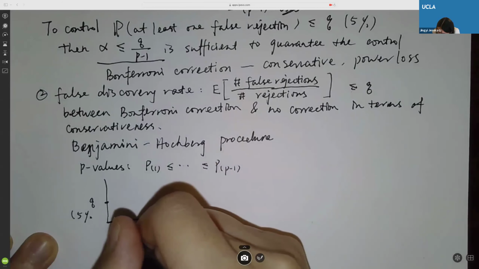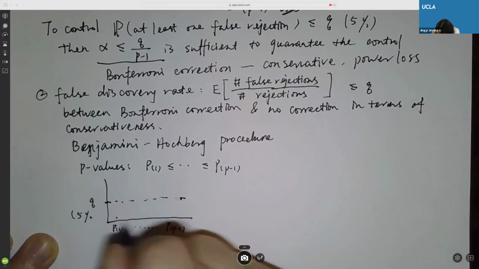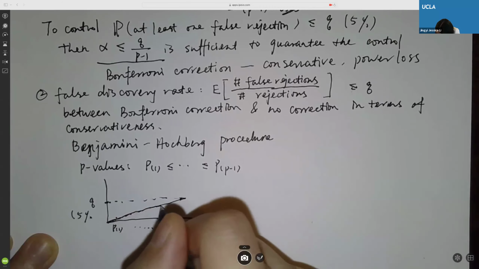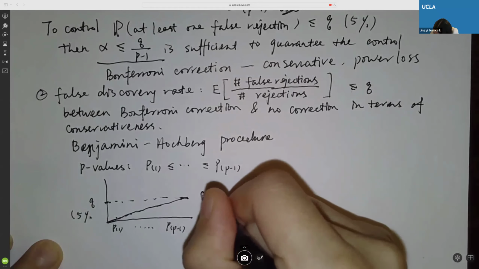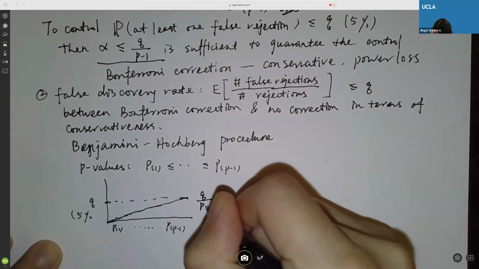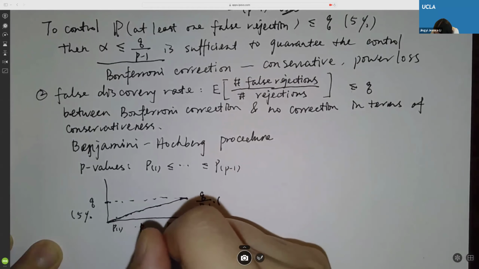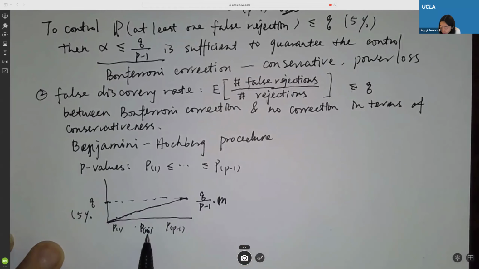So you just plot these p-values. And what you compare against is this slope, this line. This line is Q over the total P minus 1, times M, where M is the index of the p-value. So for the mth smallest p-value, we compare it with this changing threshold. The threshold will be bigger for larger p-values.